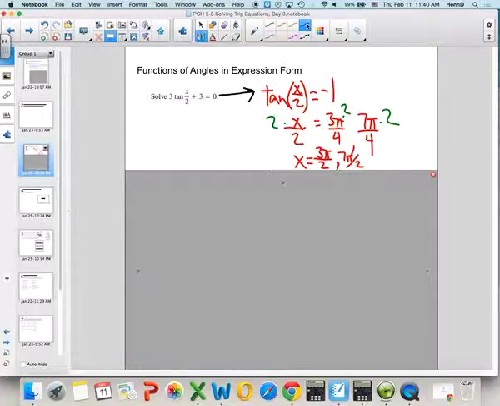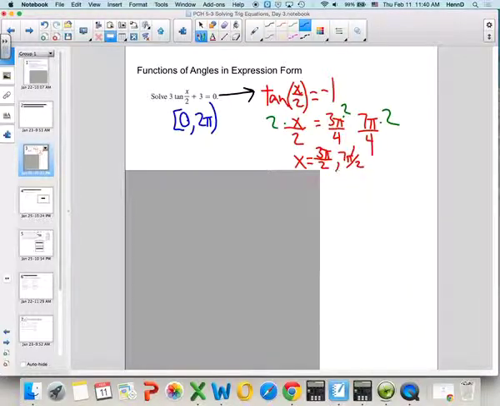Now, one thing that goes along with this is if we are solving on the interval from 0 to 2 pi like we normally do, what's going to happen here? Yeah, this is bigger than 2 pi. Now, could we find an equivalent angle, like a coterminal angle?